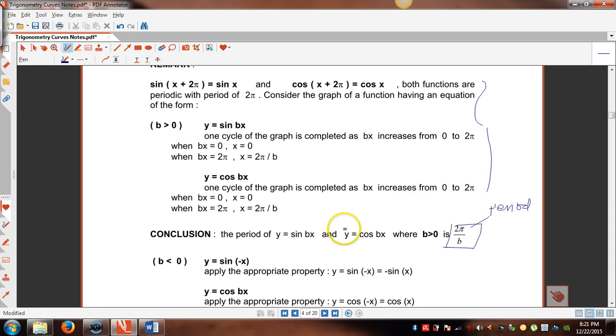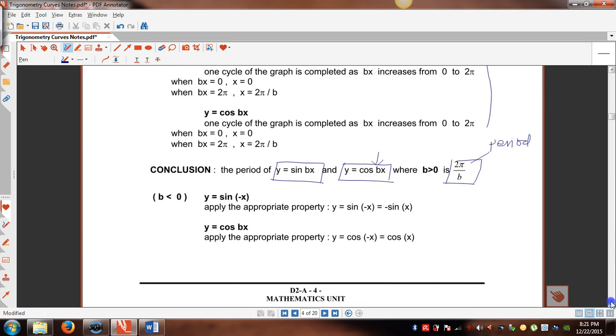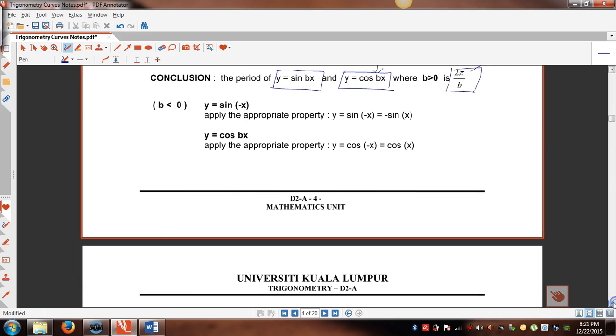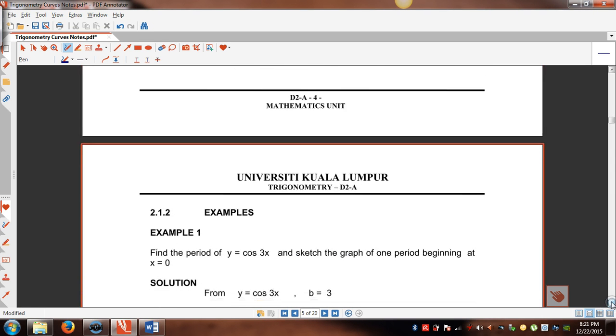So based on this, y equals cos bx and y equals sine bx. What is b? b is the constant multiplying x inside the sine and cosine. Okay, so we go through examples of the period.